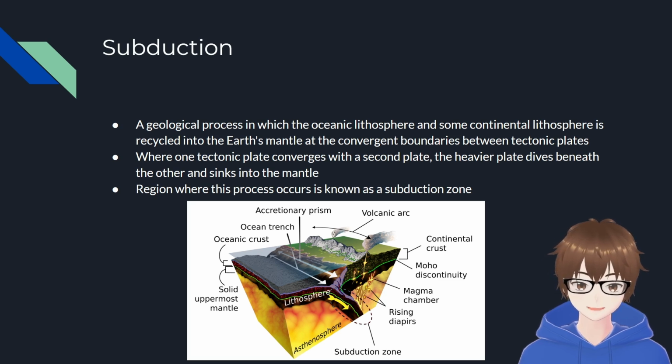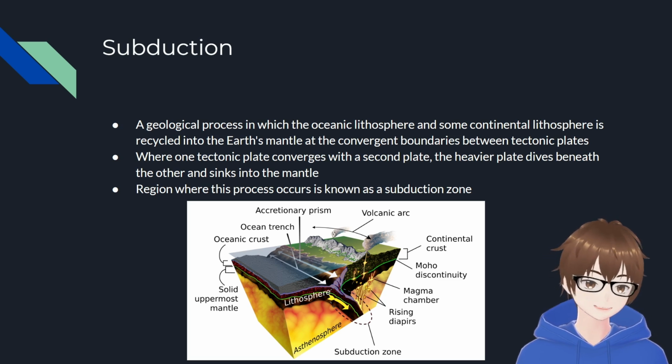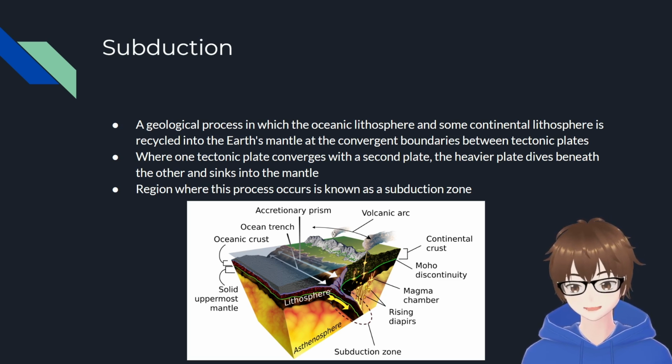So at these tectonic plate boundaries, there can be subduction, okay? Subduction is a geological process in which the ocean's lithosphere and some of the continental lithosphere is recycled into the Earth's mantle at a convergent boundary, so like the boundary of a tectonic plate.